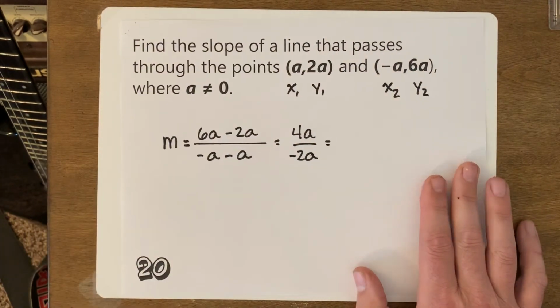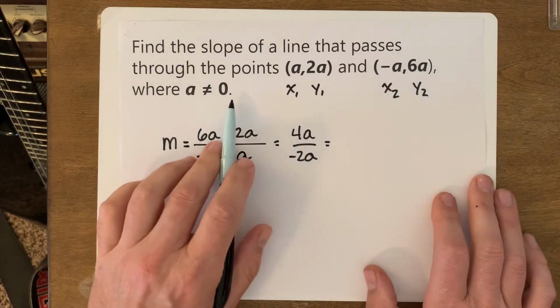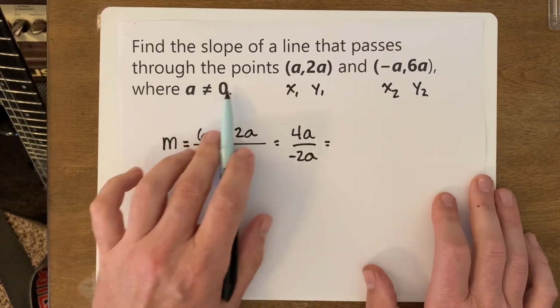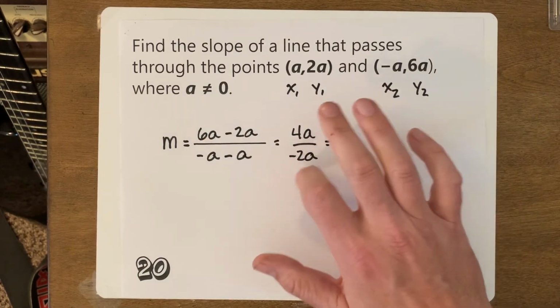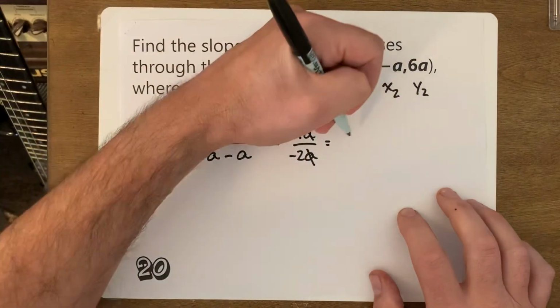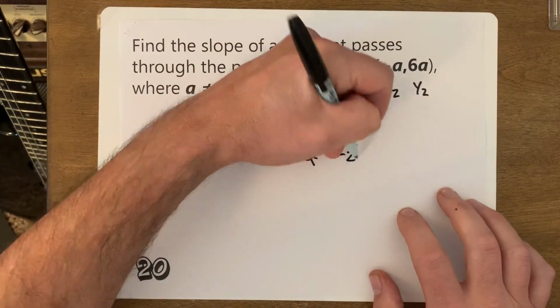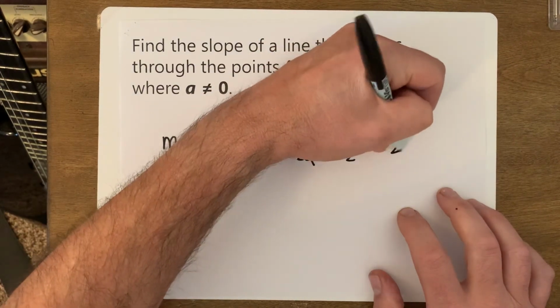Okay, so what happens is the A's cancel out. The reason why I can cancel the A's out is because, fortunately, in the problem, I have stated that A is not equal to 0, which means I'm not going to have any issues down here. If the A's cancel out, I get 4 over negative 2. And as we all know, 4 divided by negative 2 is just simply negative 2.